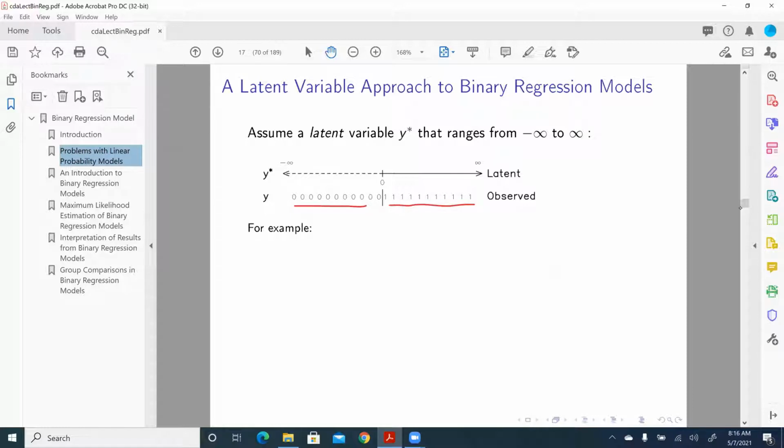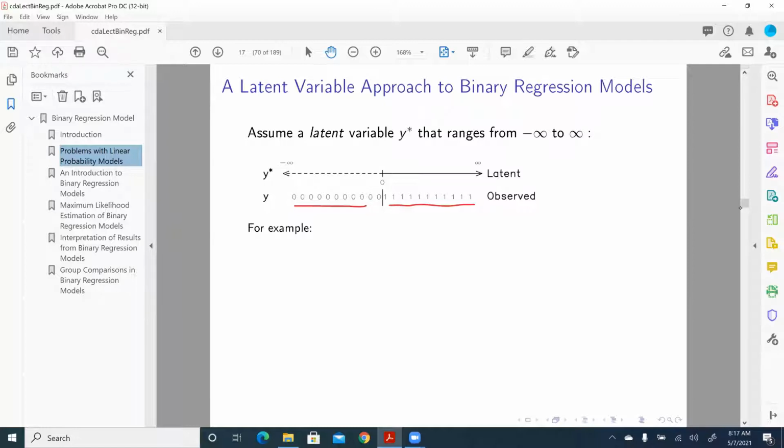So here, 0 could mean did not vote, and 1 is voted. 0 could mean did not participate in the labor force, and 1 denotes labor force participation. So 0 could be a failure of certain events, and 1 is a success of an event, depending on how failure and the success are defined respectively.